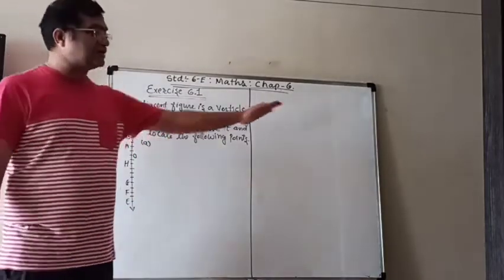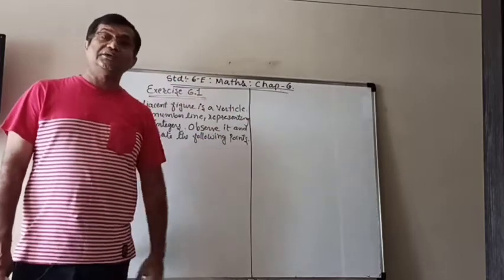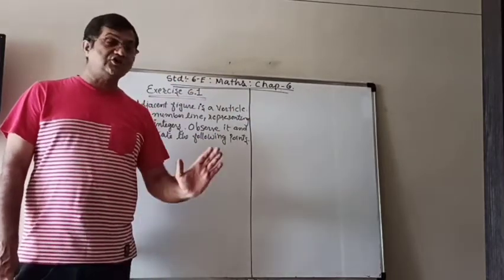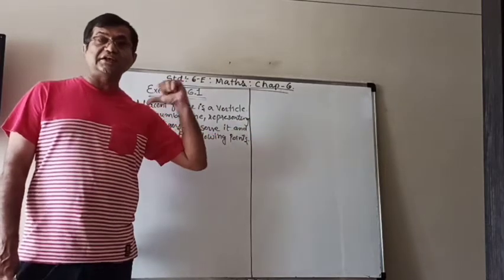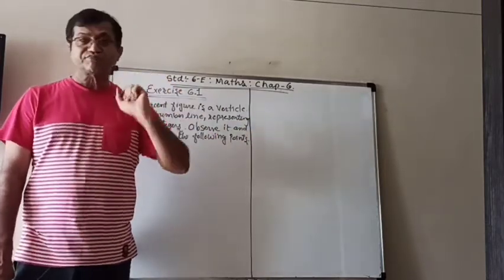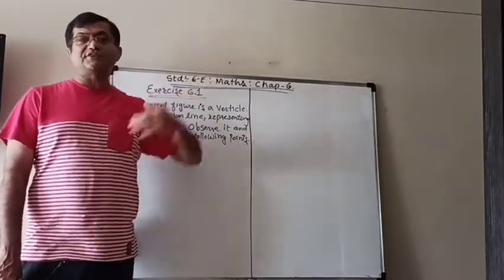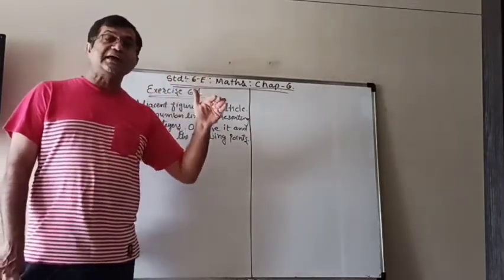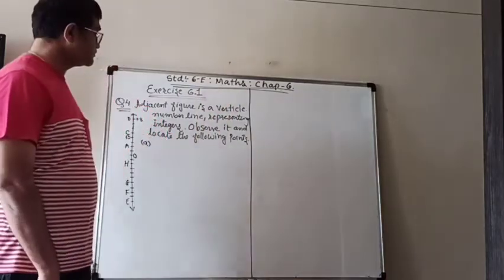It is the same as what we draw for the horizontal. In horizontal we take positive integers on the right side, negative integers on the left side, but here positive integers are on the top of the 0 and negative integers will be down side of the 0.